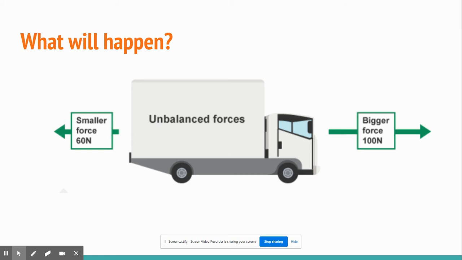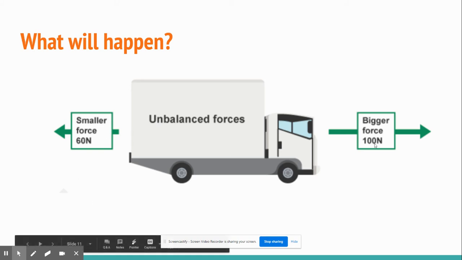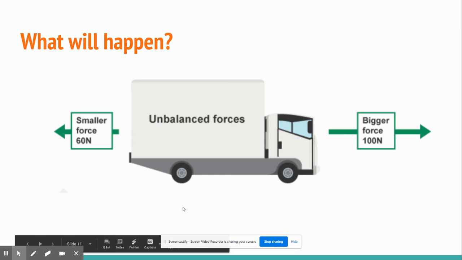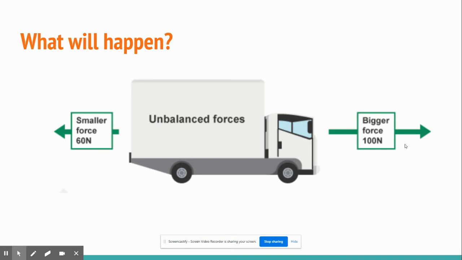So what's going to happen now? If there's 100 newtons acting on this truck to the right and only 60 newtons acting on this truck to the left, then I'm going to end up with some leftover force. 100 minus 60 is 40. I've got some leftover force of 40 newtons acting on this truck to the right.